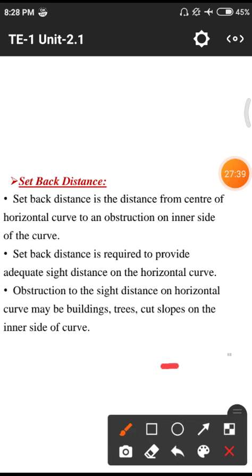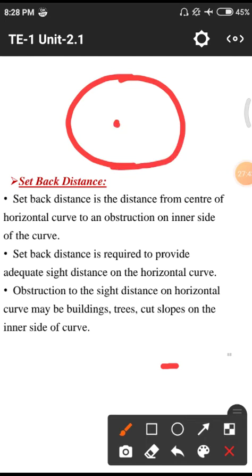I will explain with the help of a small diagram. This is the entire circle. This is the inner side of the circle. What is the outer periphery and inner periphery? The outer periphery has more value and the inner periphery has less value because of these setback distances.